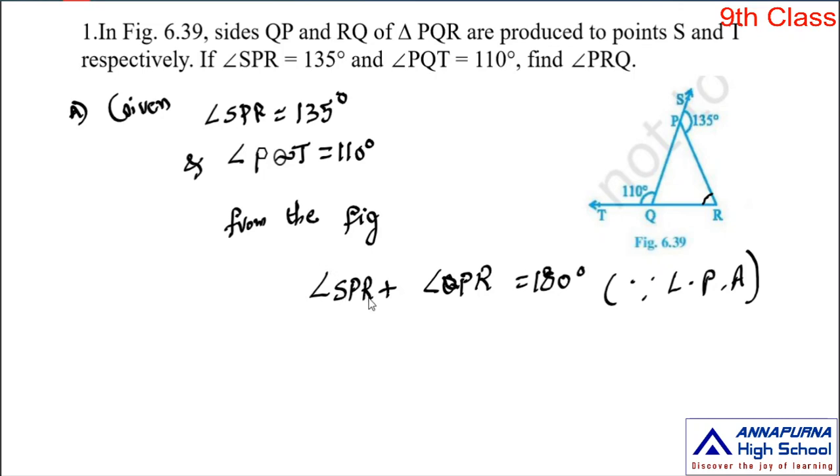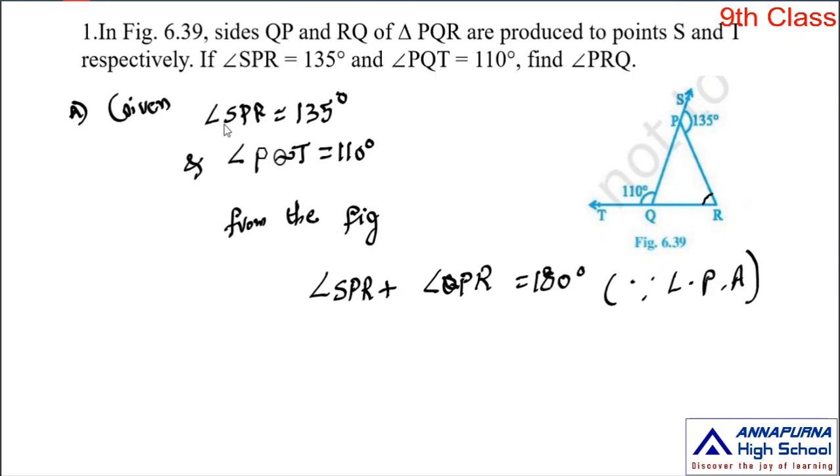Angle SPR, this is the exterior angle. Angle QPR, this is an interior angle. Exterior angle plus interior angle is equal to the 180 degrees, linear pair of angles.